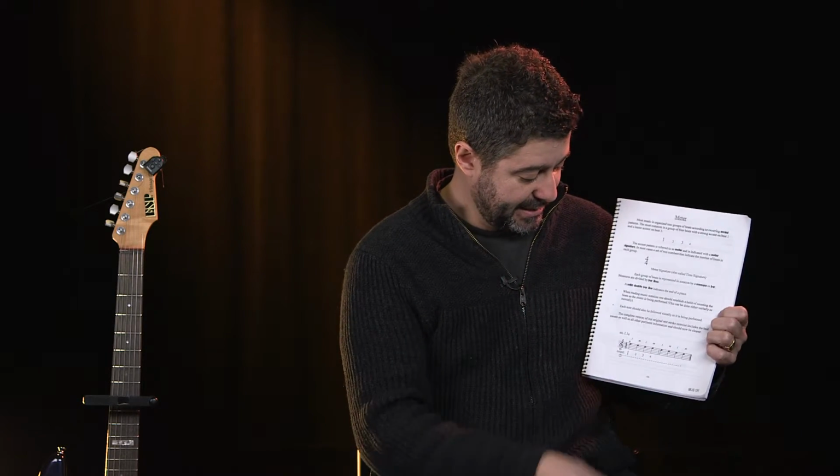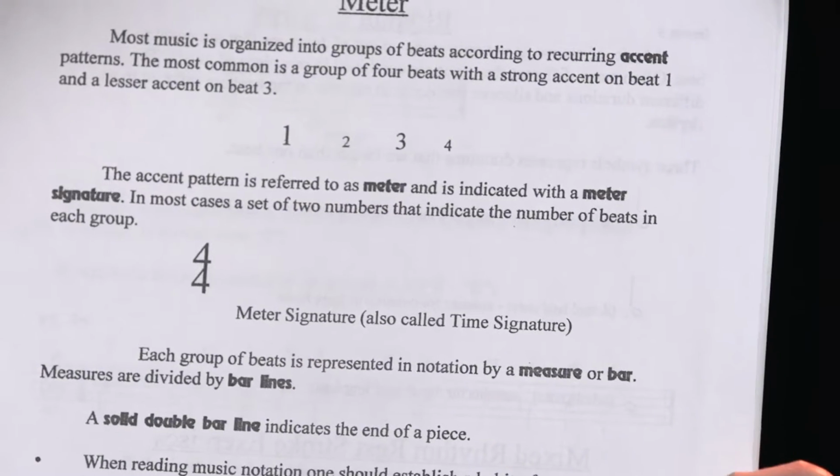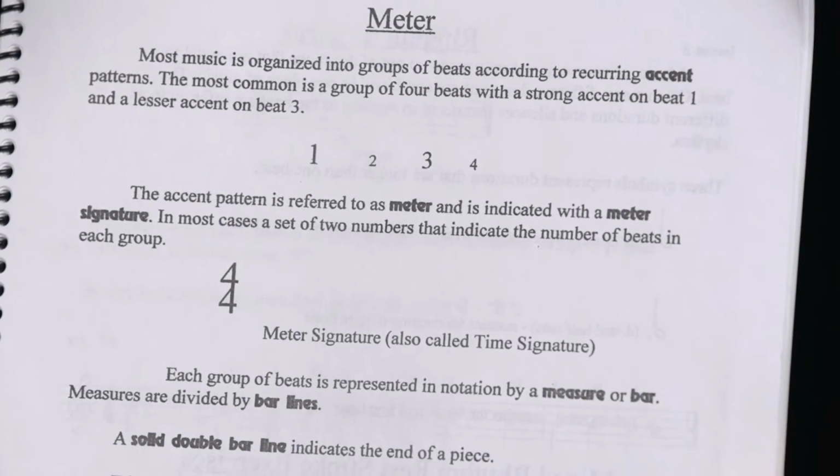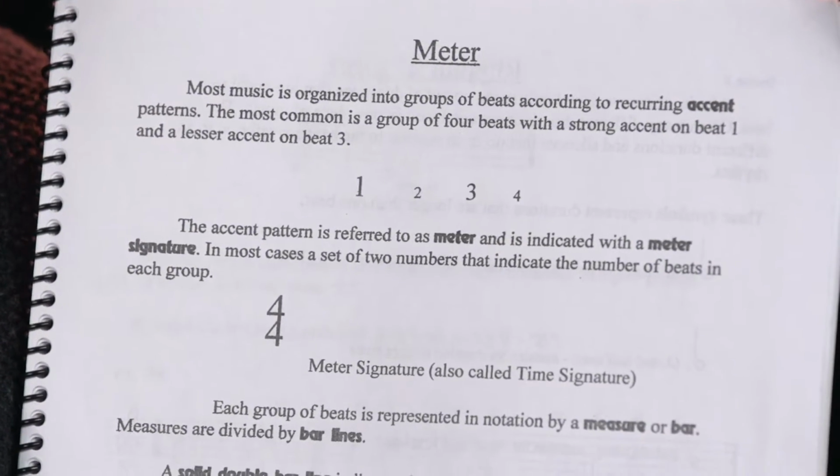If we look at the next page, page 10 covers meter. Meter is basically how we organize the different beats in music. The example that we learned was organized into groups of 4. If you look at example 1A again, you'll notice that there's a group of 4 quarter notes and another group of 4 quarter notes.